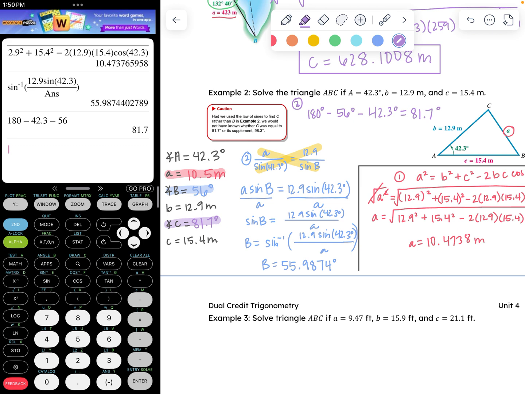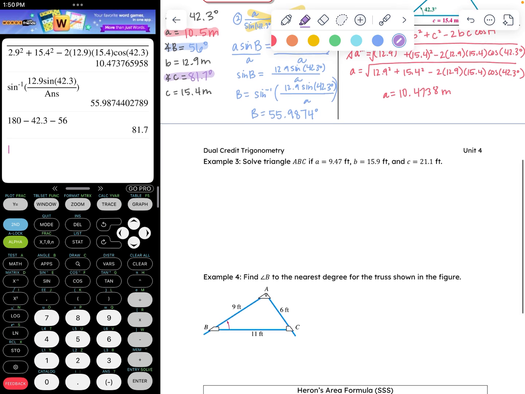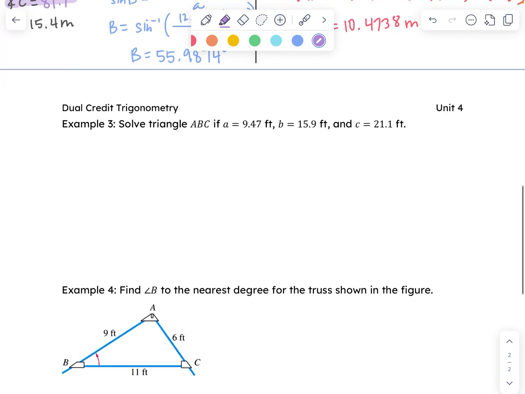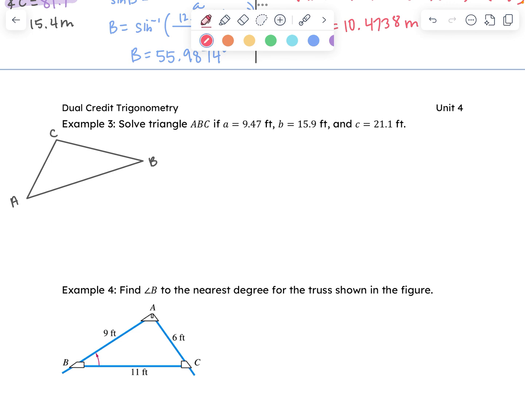So let's do it again. We're going to do example 3, solve the triangle. This time we don't have a triangle drawn for us, so let's sketch one in. I'm going to do it over here. I've got, let's say, angle A, B, C. So it tells me side A is 9.47 feet.